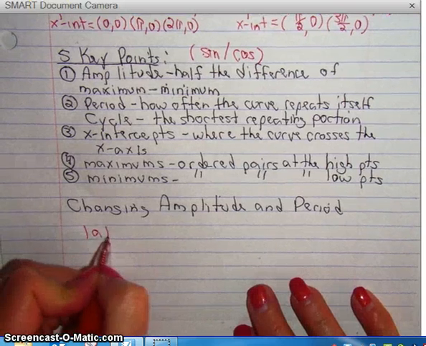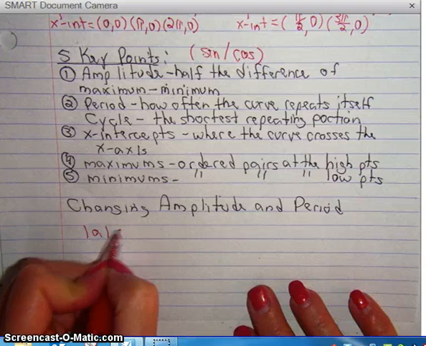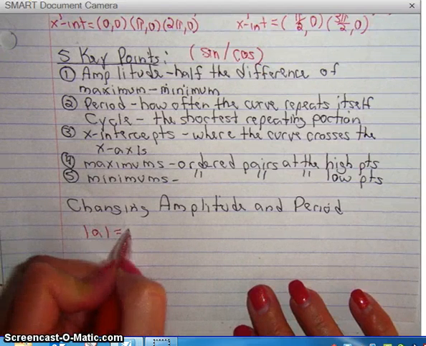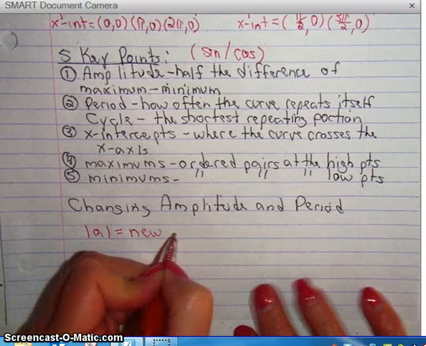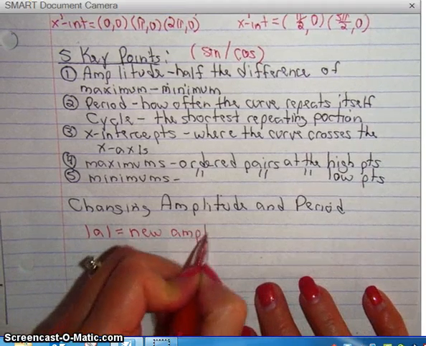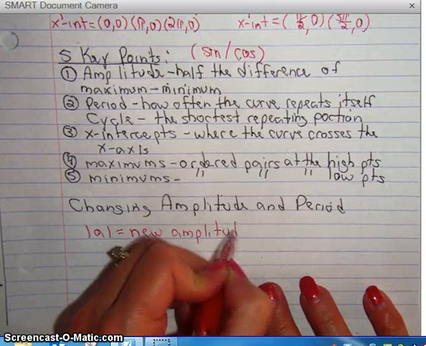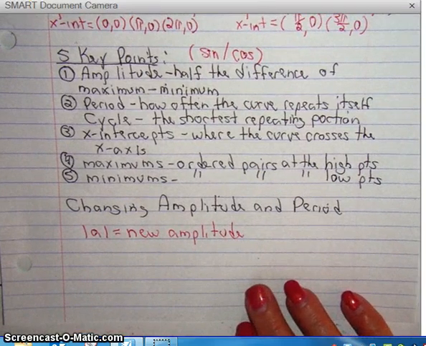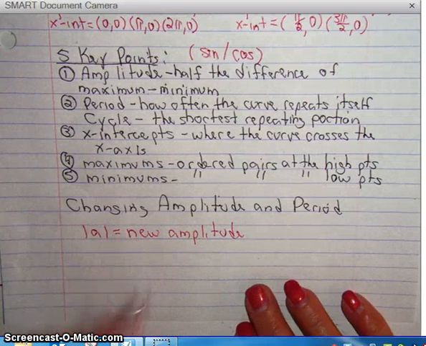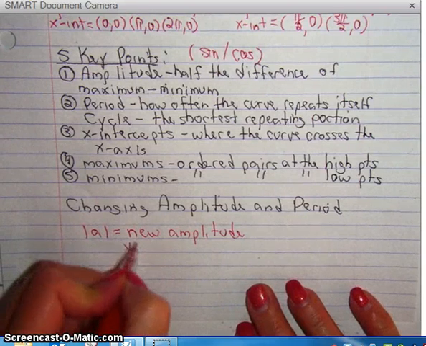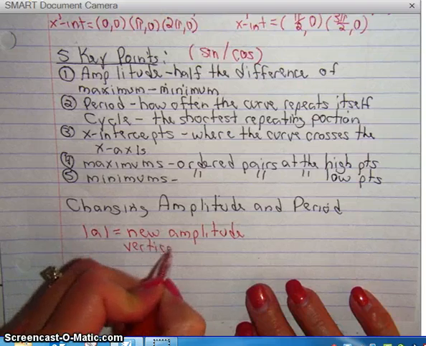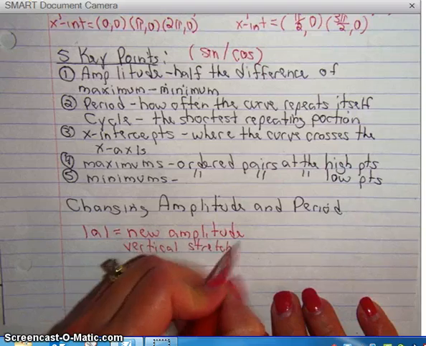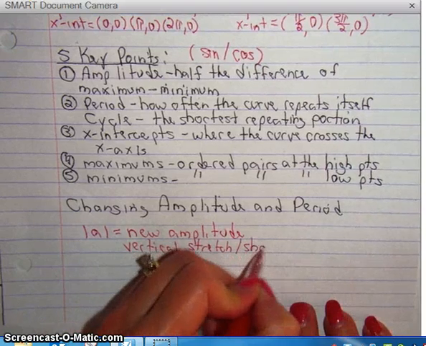The absolute value of A gives you the new amplitude. Okay. It is a vertical stretch or shrink.